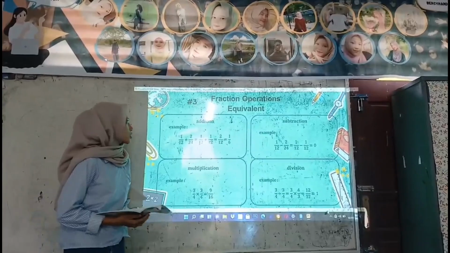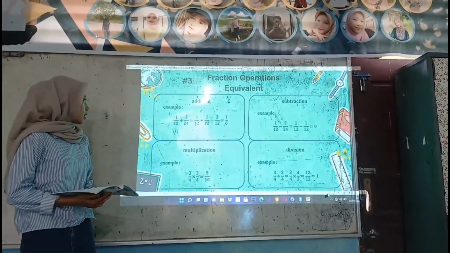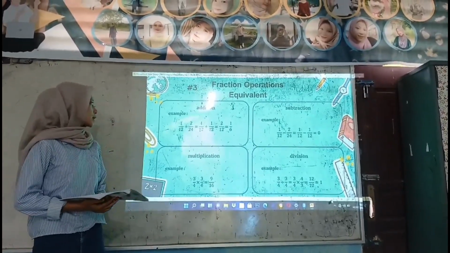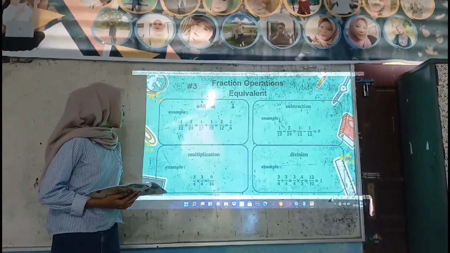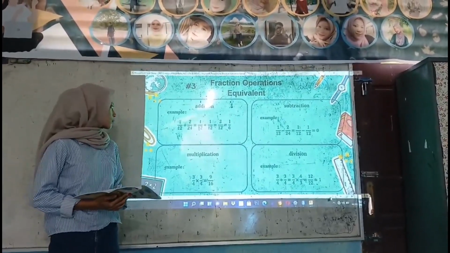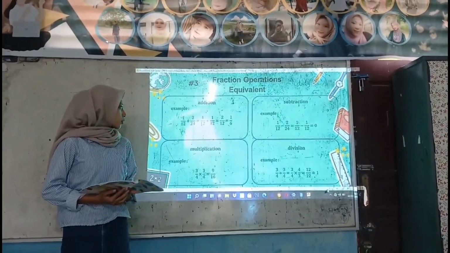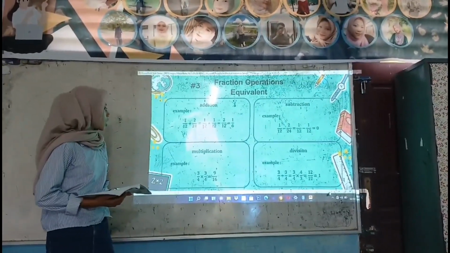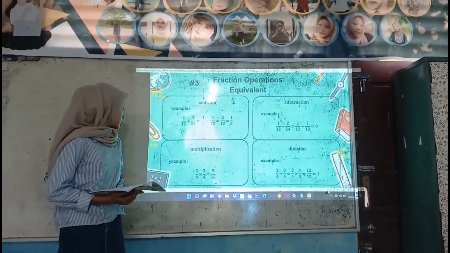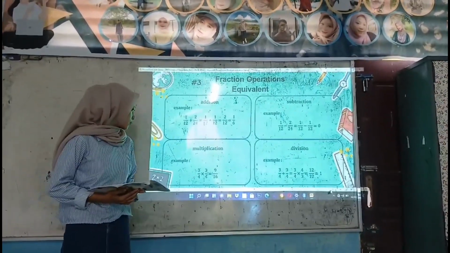Fraction operations with equivalent fractions. Addition. Example, 1 over 12 plus 2 over 24 equals 1 over 12 plus 1 over 12 equals 2 over 12 equals 1 over 6. Multiplication. Example, 3/4 times 3/4 equals 9 over 16.